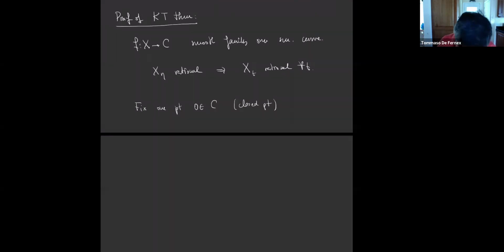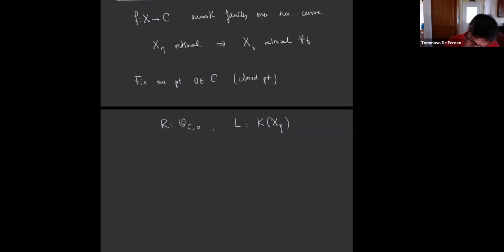And then again, you're going to let R be the local ring at 0, and you're going to let L be the function field of the generic fiber. Okay. So now what do we know?